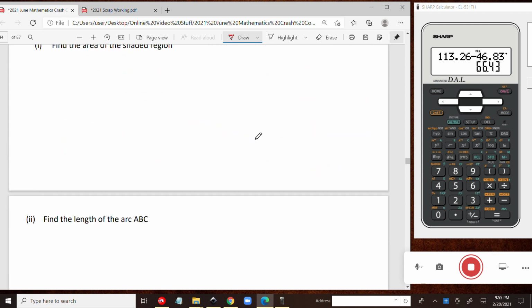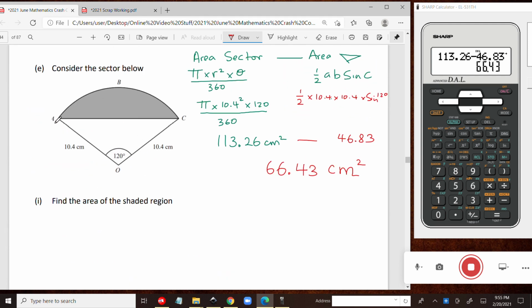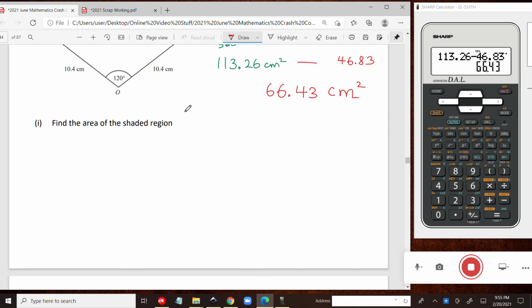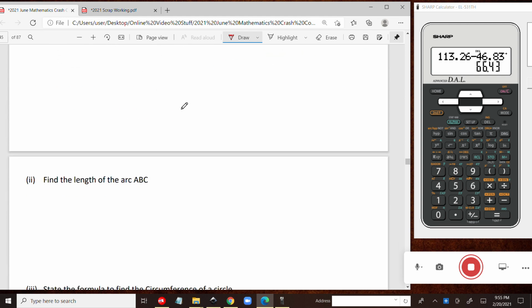All right, so let's move on. The length of the arc ABC. To find the length of the arc ABC, you need to know this formula.